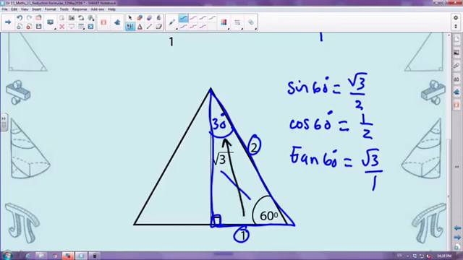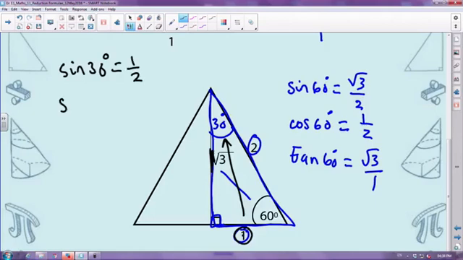So for 30, the opposite is 1, the adjacent is the square root of 3. Okay, right. Now let's work out sine 30 degrees. We know that sine is opposite over hypotenuse, so the opposite is 1, so that's a half.